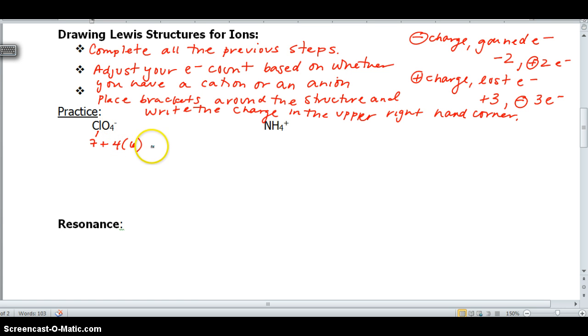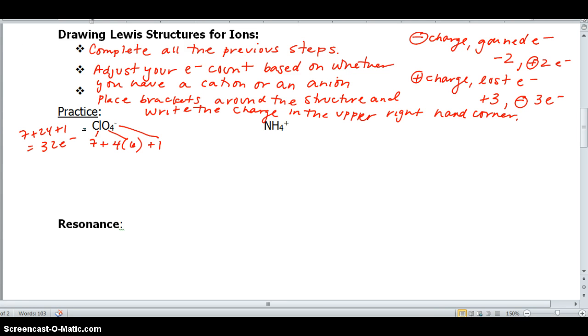And then the -1 means that we need to add 1 to the total electron count. So I've got 7 plus 24 plus 1, which gives me 32 electrons to work with. That's really the only change you have to make other than putting the brackets on at the end.